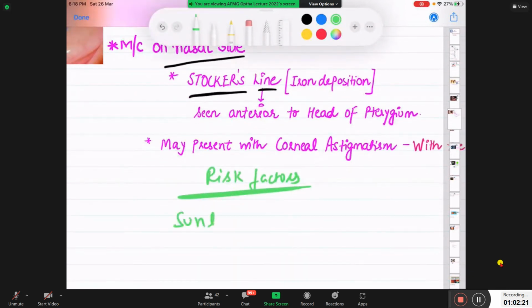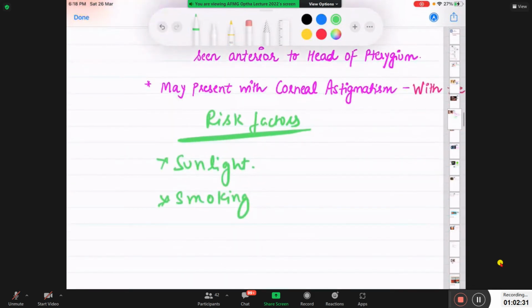Sunlight, the most important one. Sunlight and smoking. These are the two very, very important risk factors. Patients who are exposed to sunlight are more commonly prone to develop a pterygium.